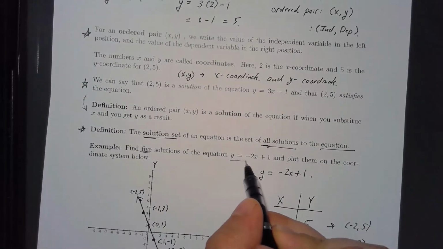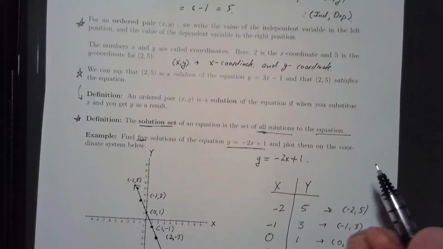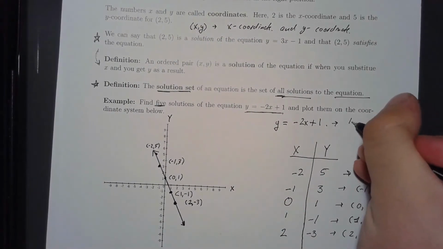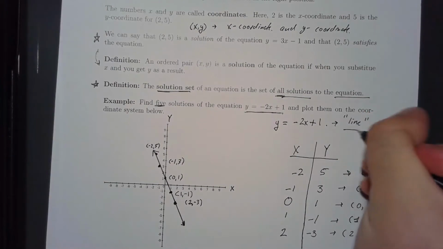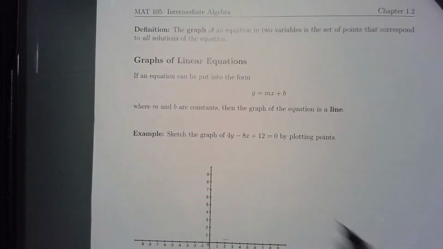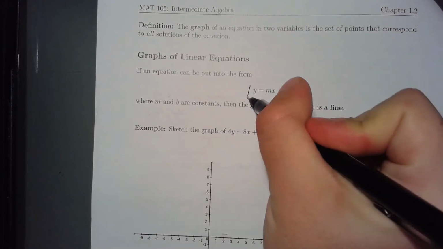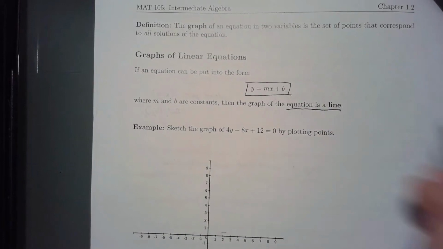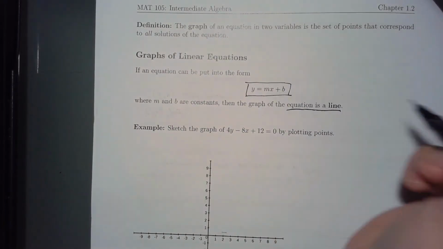If you look at it, this is an equation of a line. And you can see that from the plot. And linear equations have a particular form. If an equation could be put into this form, y equals mx plus b, then it's an equation of a line. m and b are constants.